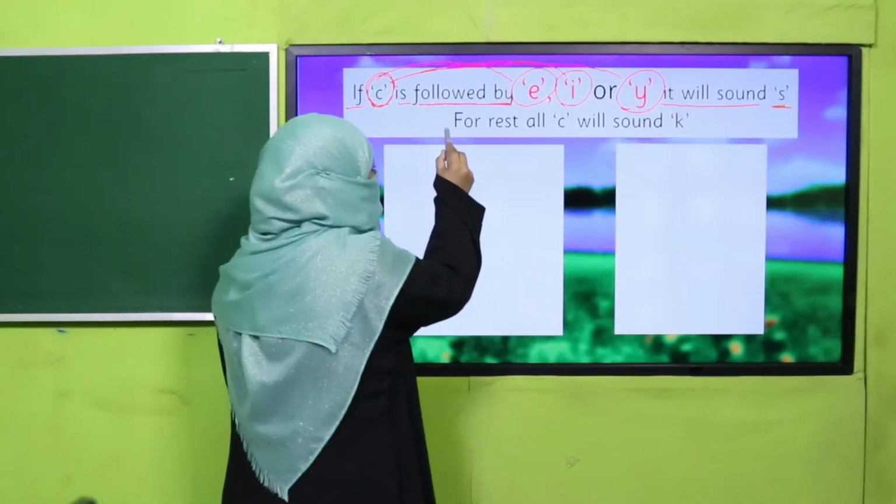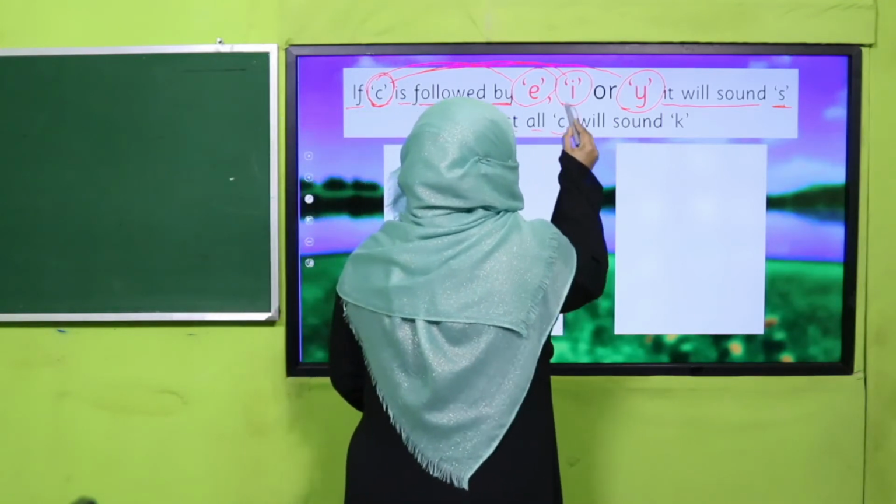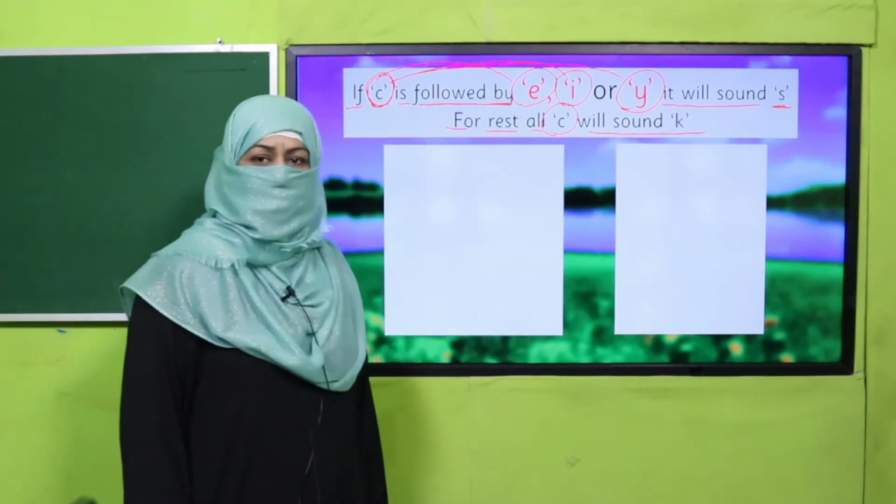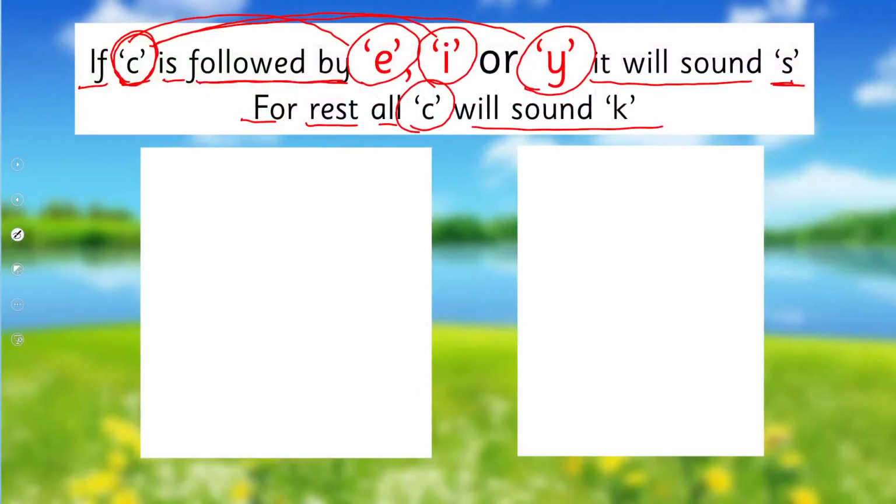Or for the rest, all C will be K, hard sound. Right? So in only 3 situations, when after C you find letter E or I or Y, you will say it S, soft C, and for the rest of all the cases it will be K, hard C.